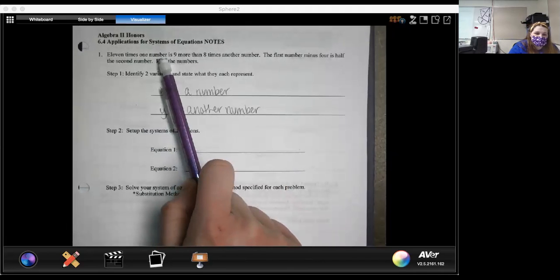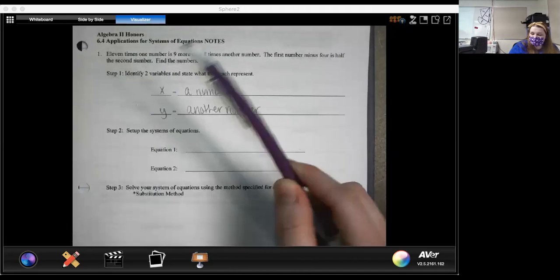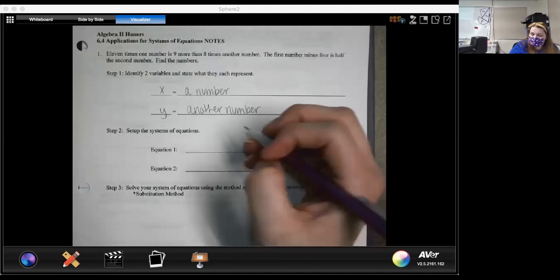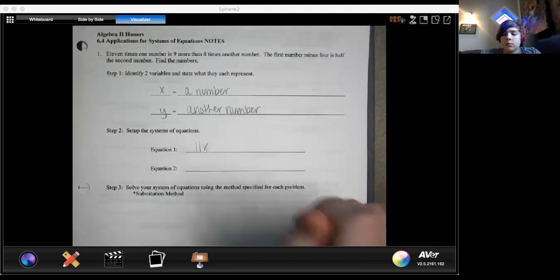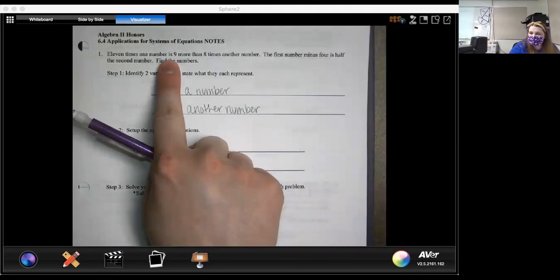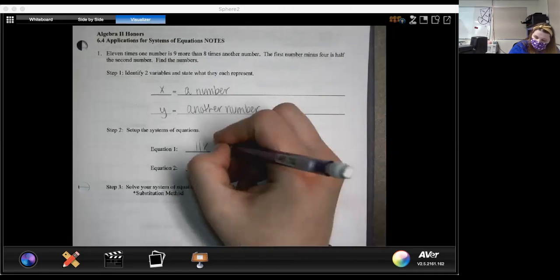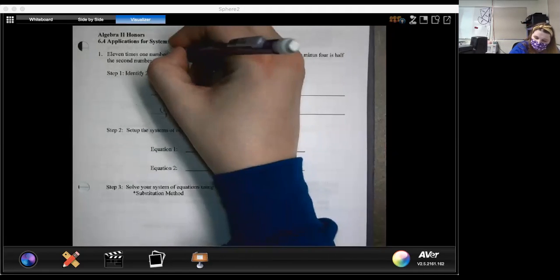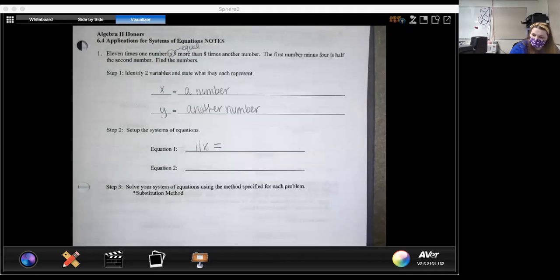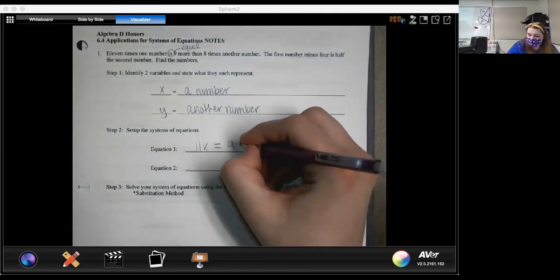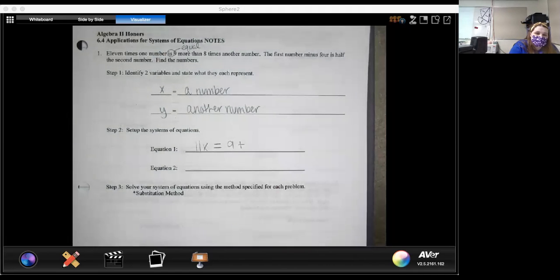So how would I start that equation? 11 times one number using my variables. What would I start with? 11x. 11x, good. Is, what does is mean in reference to word problems? Is equals, good. It means equal. 9 more than, what would 9 more than mean? Addition, so 9 plus. 8 times another number, 8y.